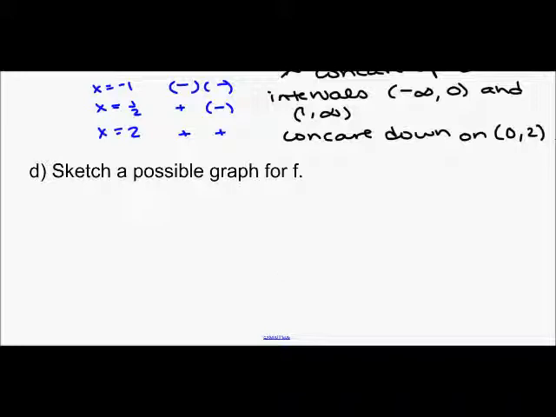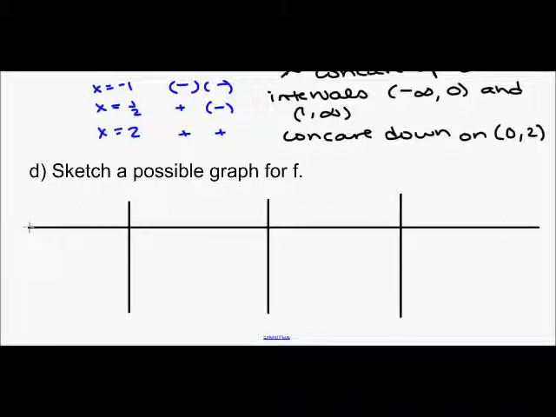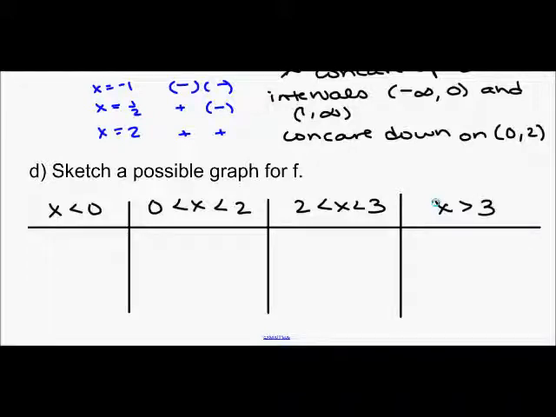So I'm going to combine my intervals kind of onto one table. Get them all up here. So I have x is less than 0, x is between 0 and 2, and x is between 0 and 3, x is greater than 3.